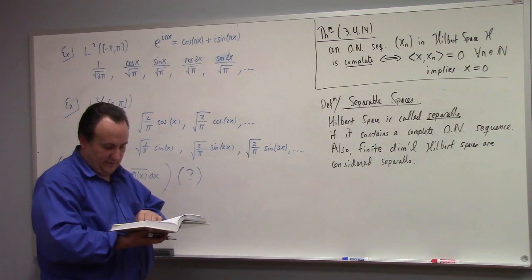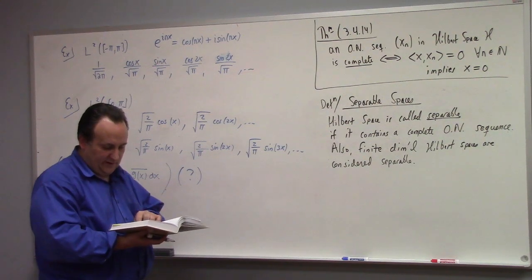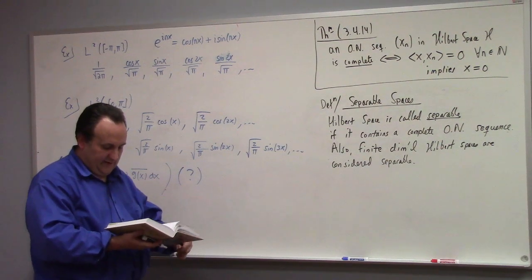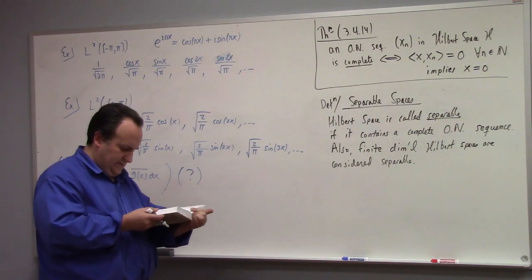What's a non-separable Hilbert space? That's his next example. He says the space of all complex valued functions on R which vanish everywhere except a countable number of points in R. What?